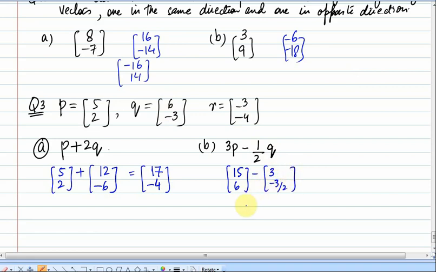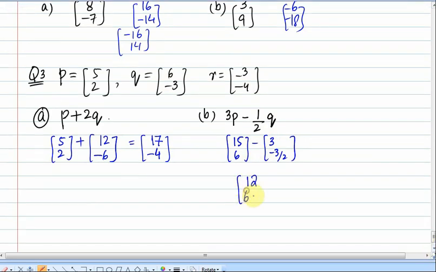So 15 minus 3 is 12. For the second row, it will be 6 minus minus 3 divided by 2, so plus 3 divided by 2. Now 3 upon 2 is basically 1.5, right? So I am using 1.5 here. That gives me the value of 12, and 6 plus 1.5 is 7.5. That is your answer.